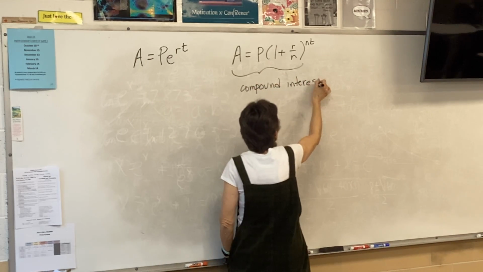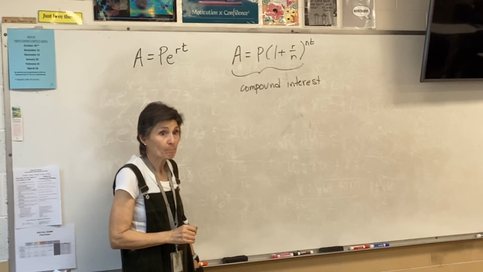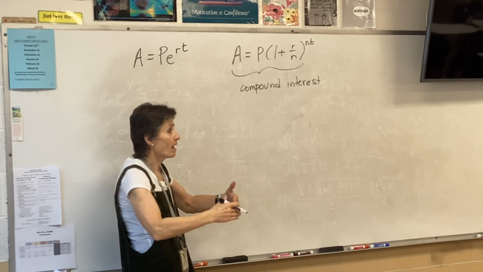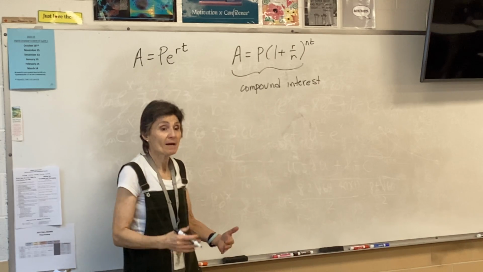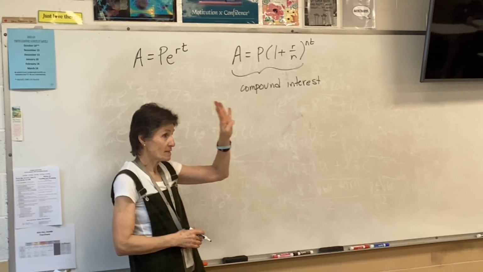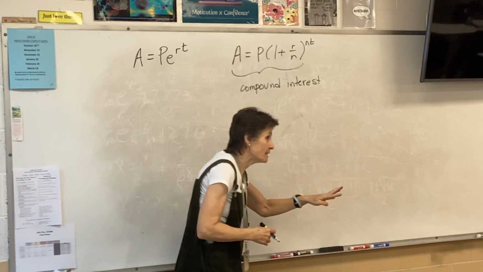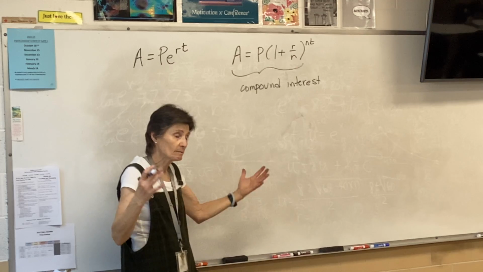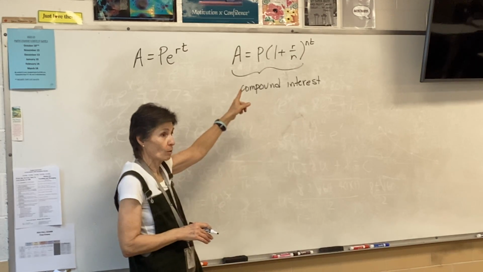You will only use this formula in money problems where the interest is being compounded a certain number of times. So compounded quarterly means 4 times a year. We could do compounded monthly, we could do compounded daily, weekly. Anytime you have that situation, that's your formula.